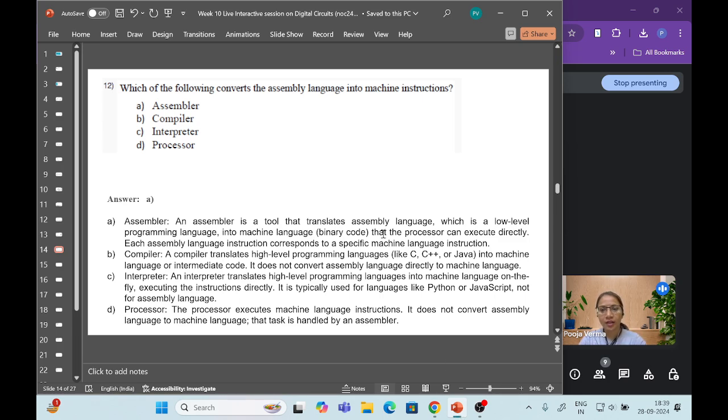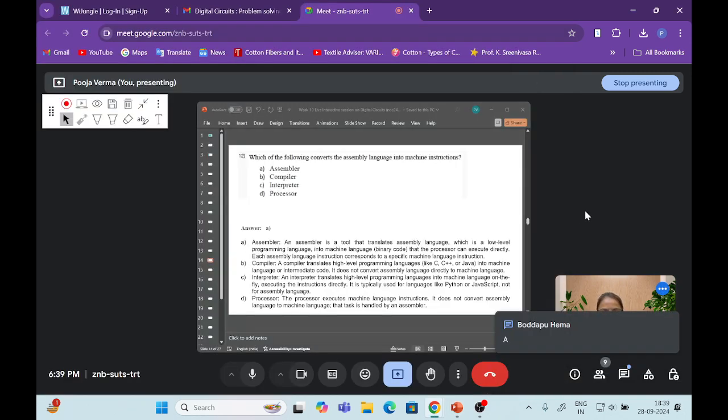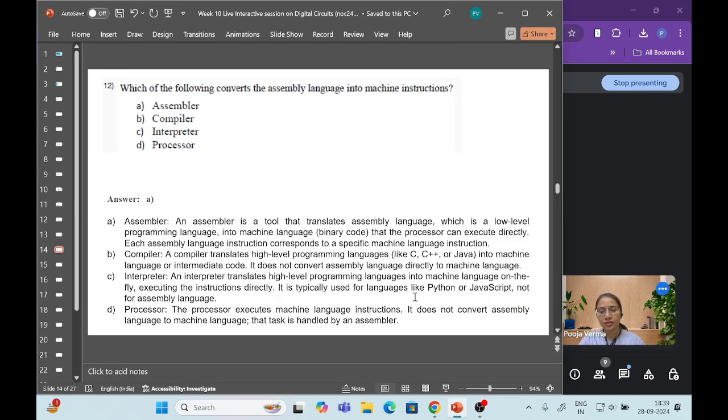In order to convert assembly language into machine instructions, the assembler is used. The assembler is a tool that translates assembly language into machine language, which the processor can directly execute.